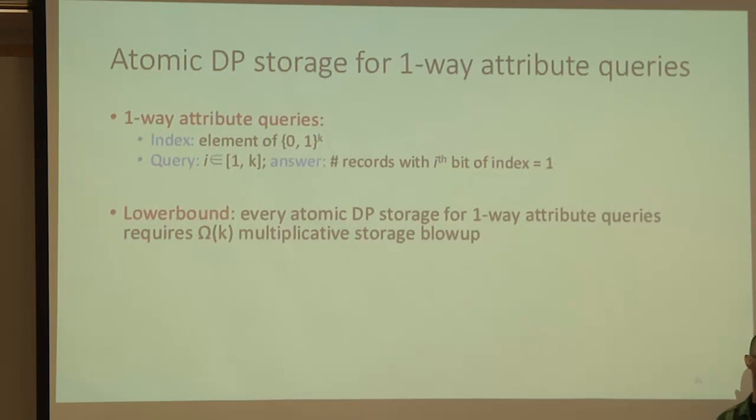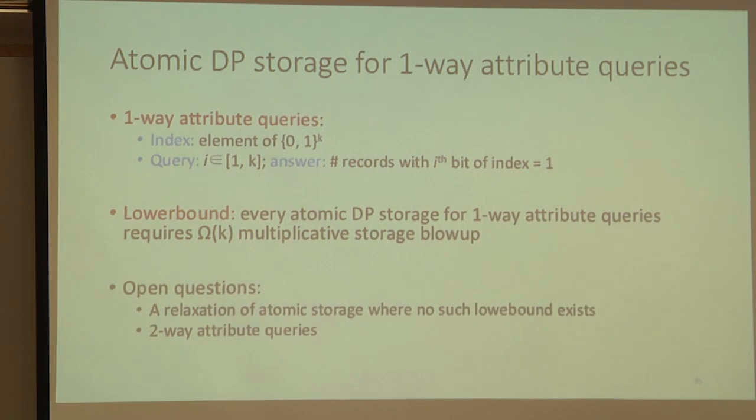So this will not be efficient. That's why we have some questions we need to answer. Could we relax the notion of the atomic storage? Can we relax some notions in order not to have these lower bounds and create atomic DP storage for one-way attribute queries? And what about two-way attribute queries?